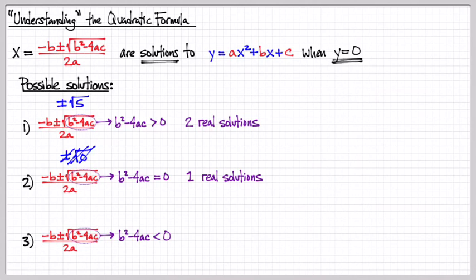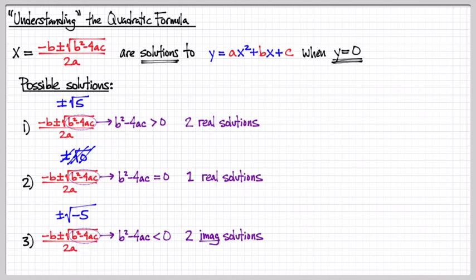Then finally, I have a case when this term inside here is negative, so when I take the square root, it's going to generate an imaginary number. So it's kind of like plus or minus square root of negative 5. When the inside is negative, I have two imaginary solutions, a plus version and a minus version.